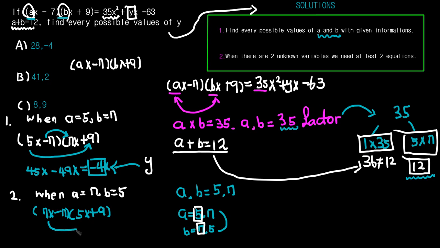At first 7x times 9 is 63x, and the -7 times 5x is -35x, which gives us positive 28x, so the y value is 28.